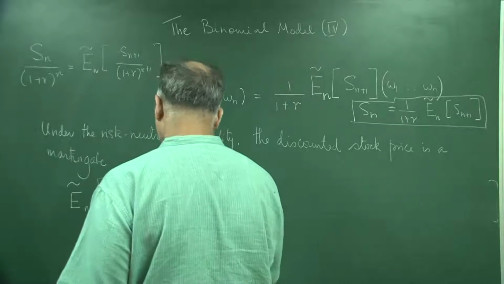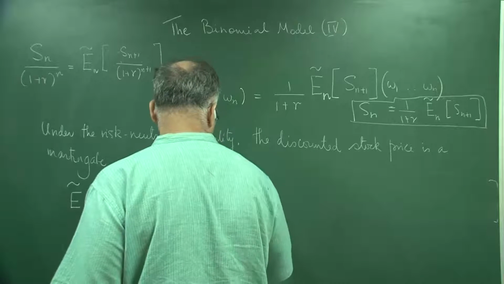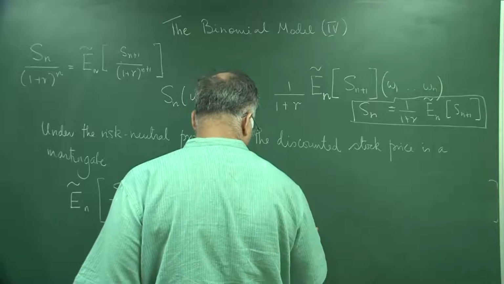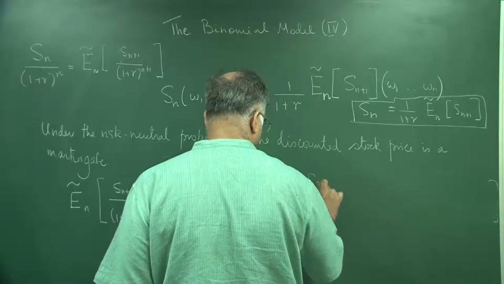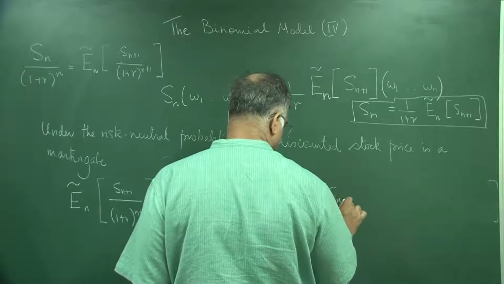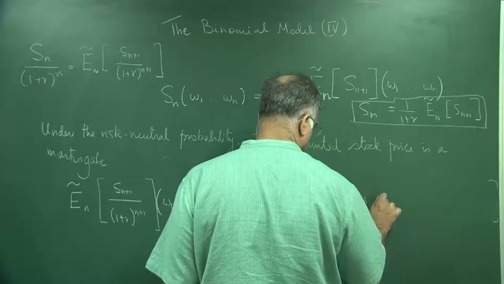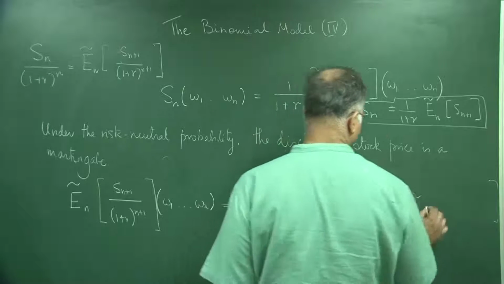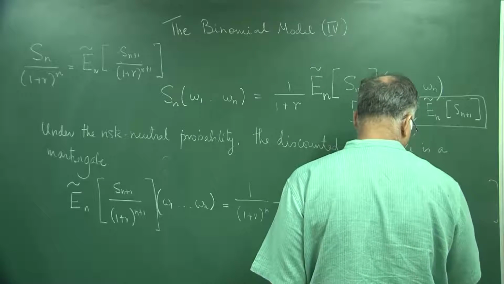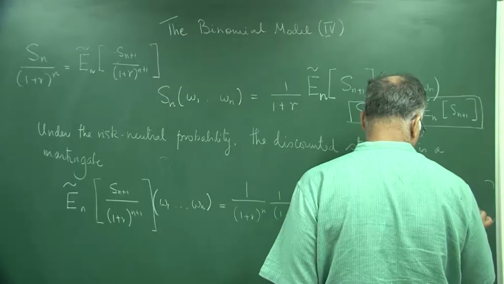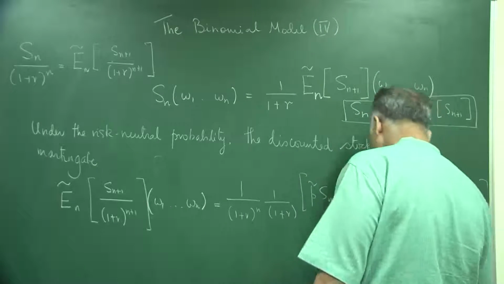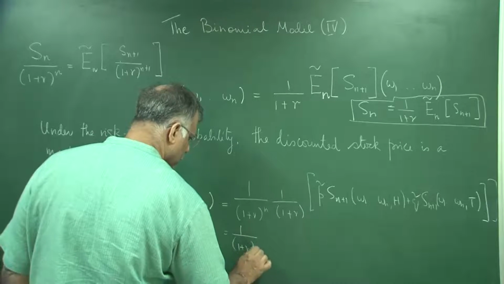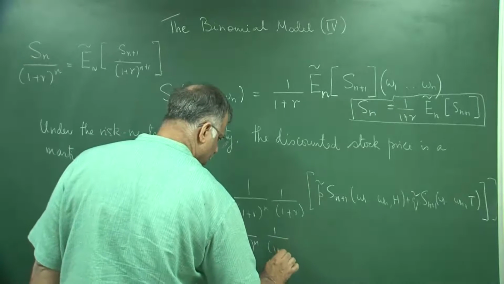And now, I can write this as 1 by 1 plus r to the power n times 1 by 1 plus r, and writing the formula directly, p tilde Sn plus 1 omega 1 omega 2 omega n H plus q tilde Sn plus 1 omega 1 omega 2 omega n T. So, again 1 by 1 plus r to the power n into 1 by 1 plus r.